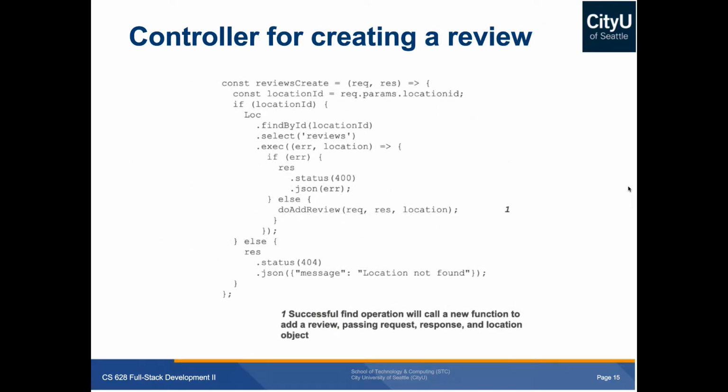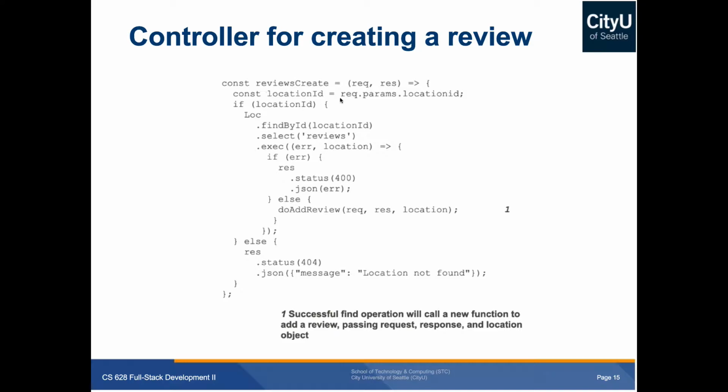So, the controller for creating a review, now you would have the reviewsCreate, where you would have the request and response parameters. And as usual, because this is taking a request, it should send back a response, right? But because we are taking in a request, we can access the request body or params as well. In this case, let's access the request params location ID, right?